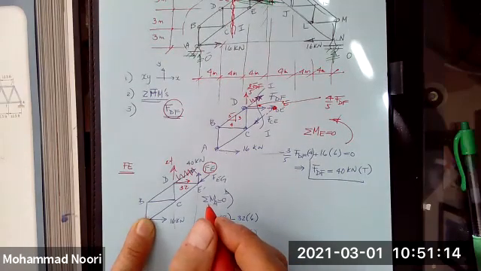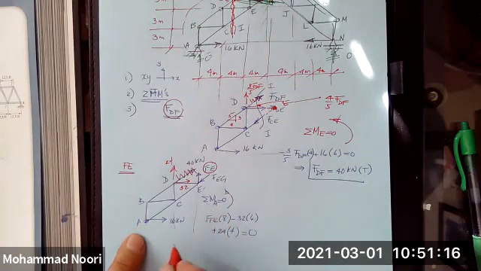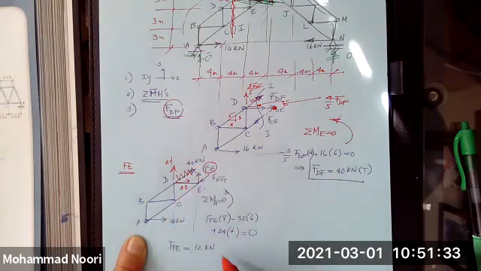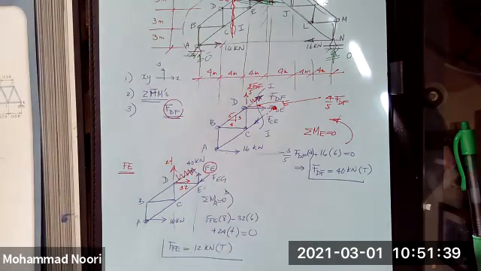And if you solve that, you see that the force of FE comes out to be 12 kilonewton, and turns out to be positive. That means force moving away from the joint. So this is in tension. Any questions? Let me pause.